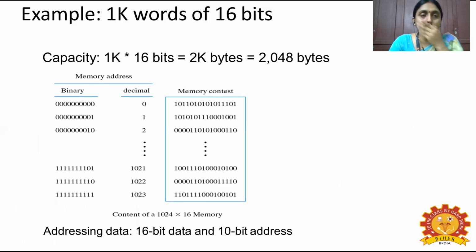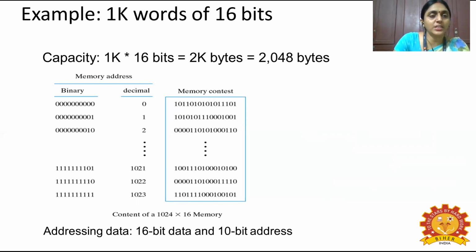Here is an example where we have 1K words of 16 bits. The capacity is calculated by multiplying 16 bits by 1K, which is 2K bytes, that is 2048 bytes.